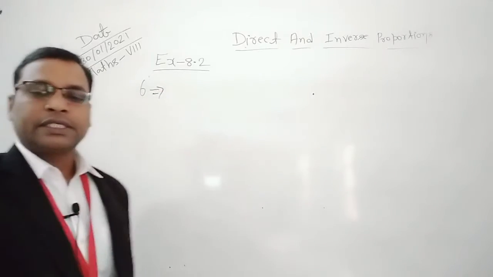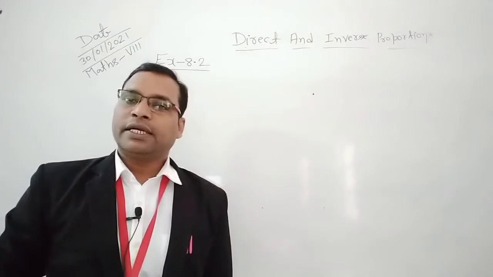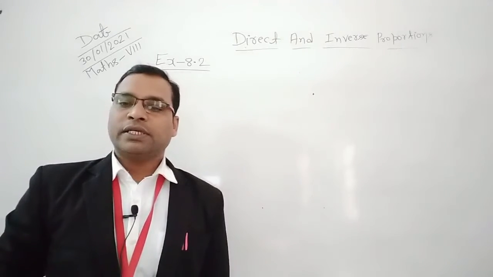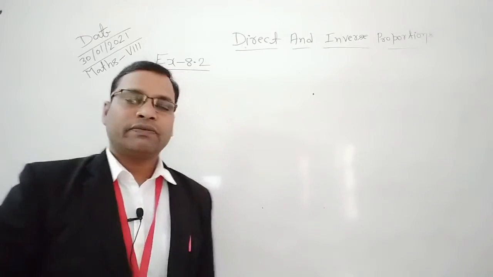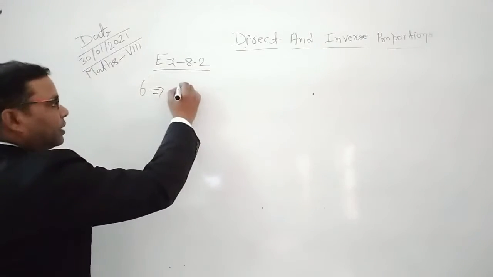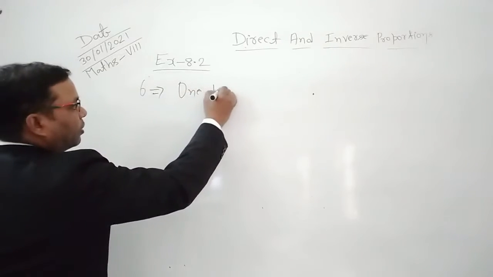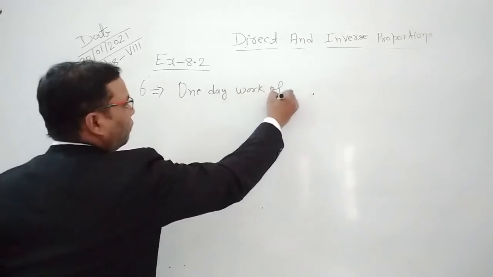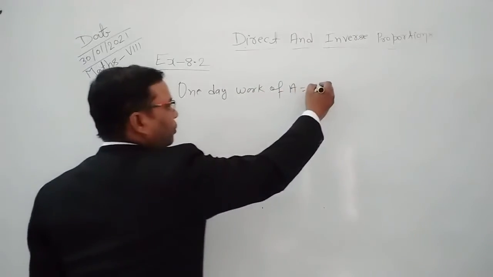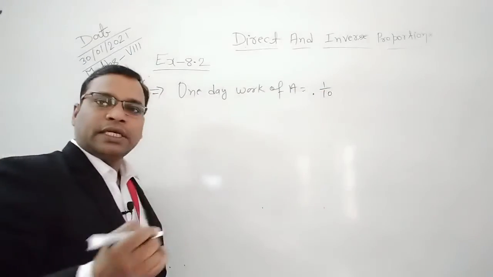In this question, it is given that the number of days A takes to complete this work is 10. So we find the 1 day work of A. 1 day work of A is equal to 1 upon 10 because A completes the work in 10 days.